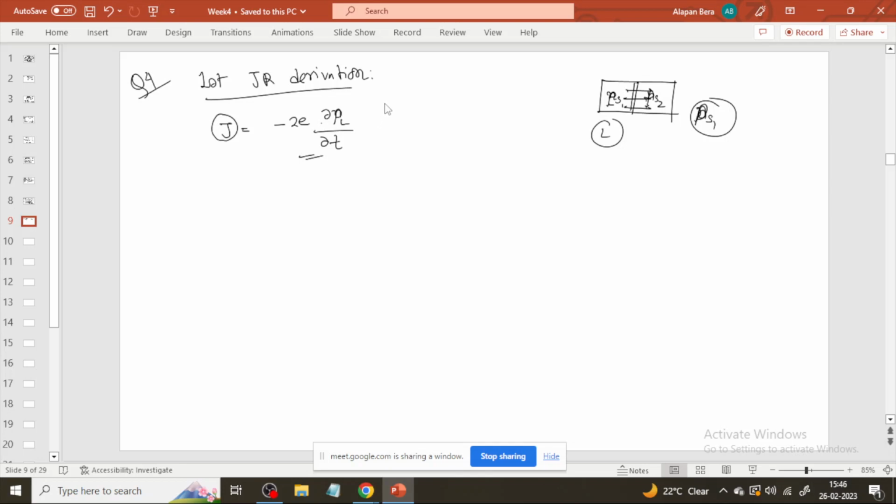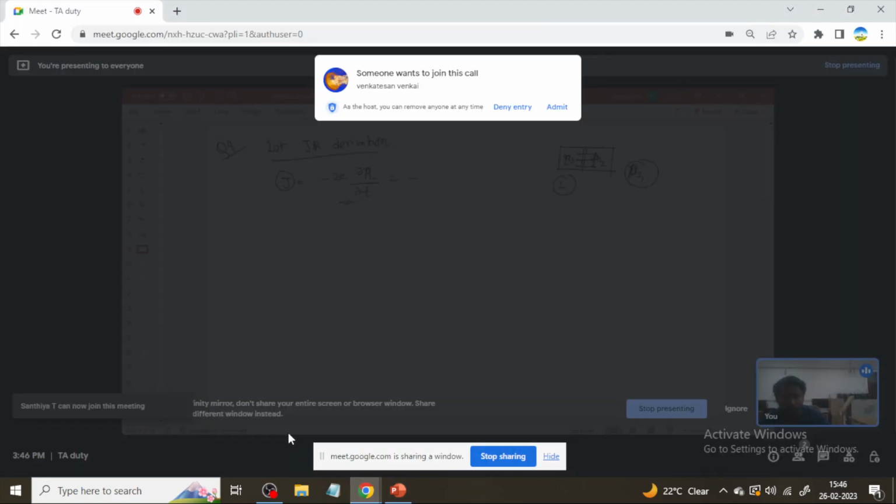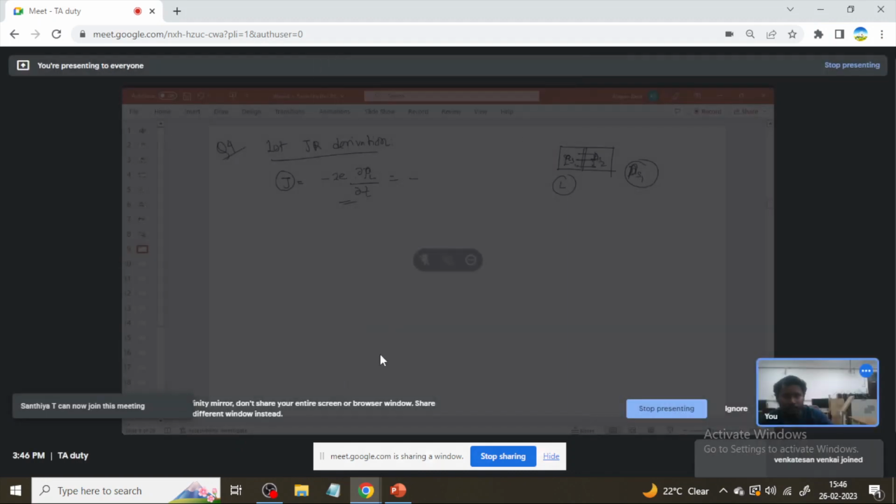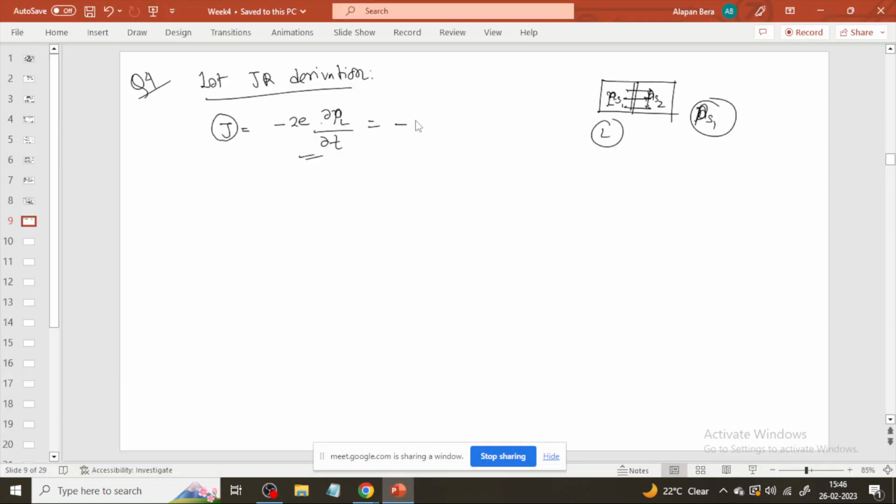Similarly, in the case of the right superconductor, what do we get? Just the rho L changes to rho R because we are now in the right region. So this is how the density of current is given as it passes through this Josephson junction.